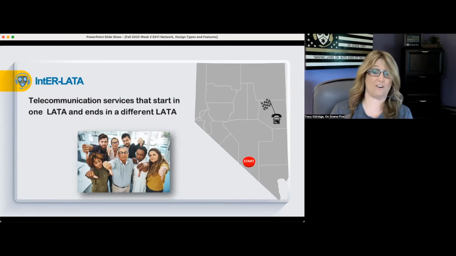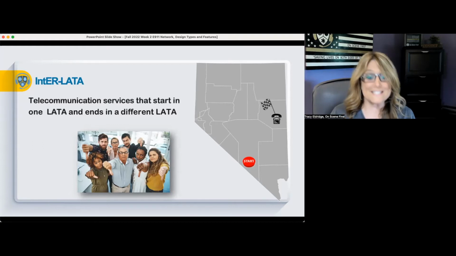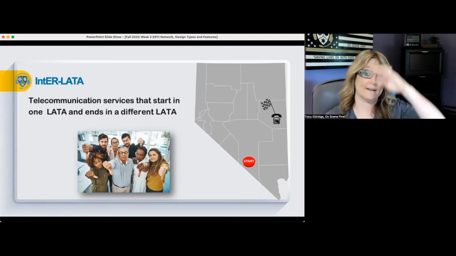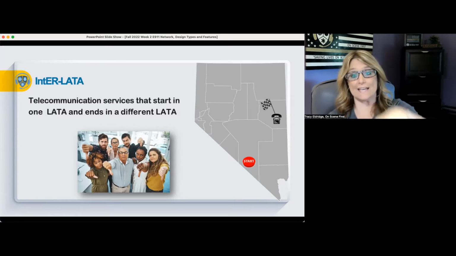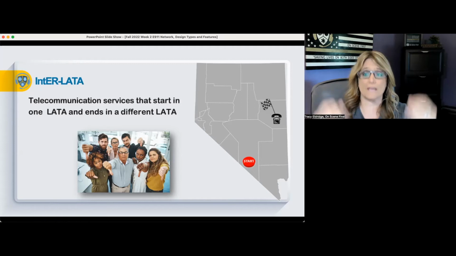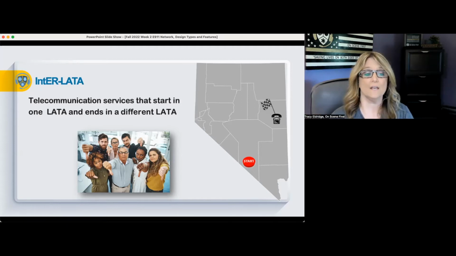We don't like them. Outside of our group. As silly as it is, it works. As you can see by the diagram, it starts in one LATA and it ends in another LATA. I'll continue on with using the town, the county, and then the actual state.